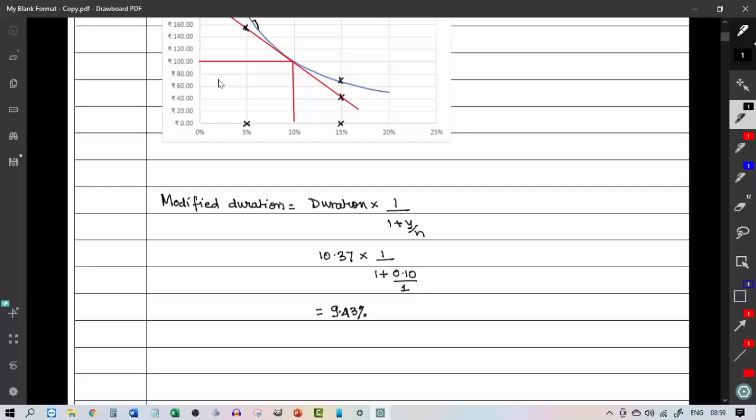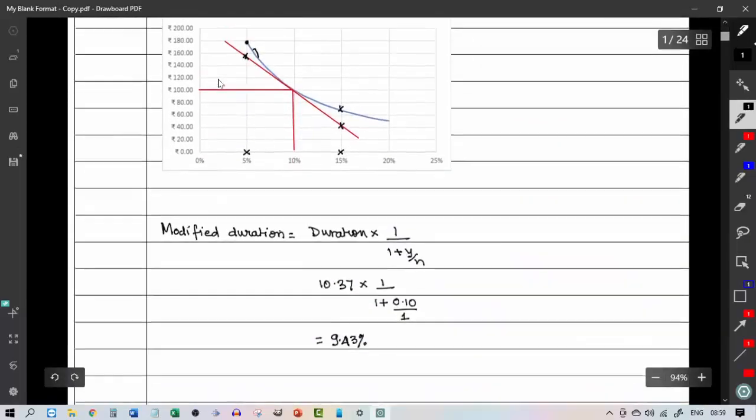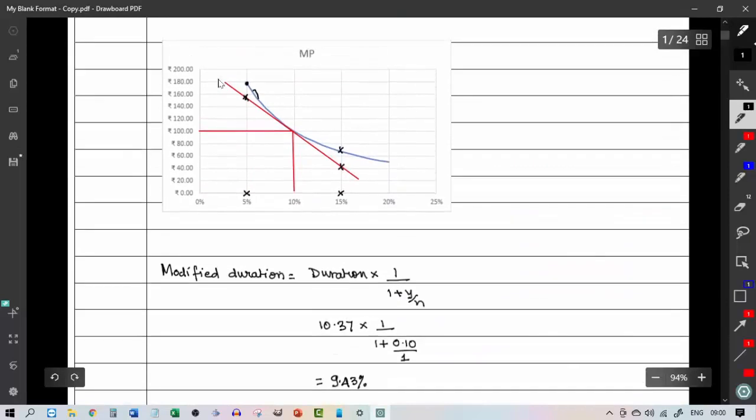First, I'll give you the notation and then I'll show you the numbers. So the notation for finding convexity. For that, let us first write down the prices at various points, that is at 9%, 10% and 11%.